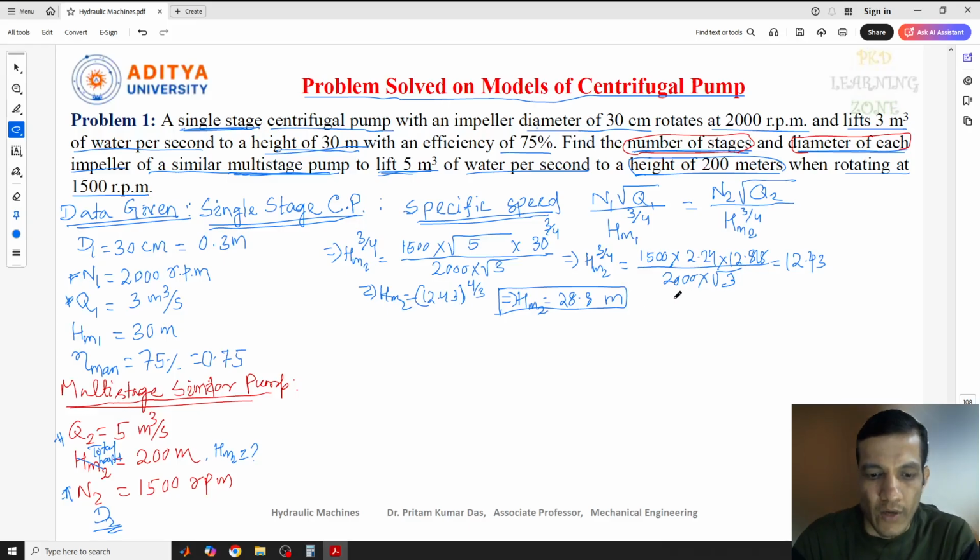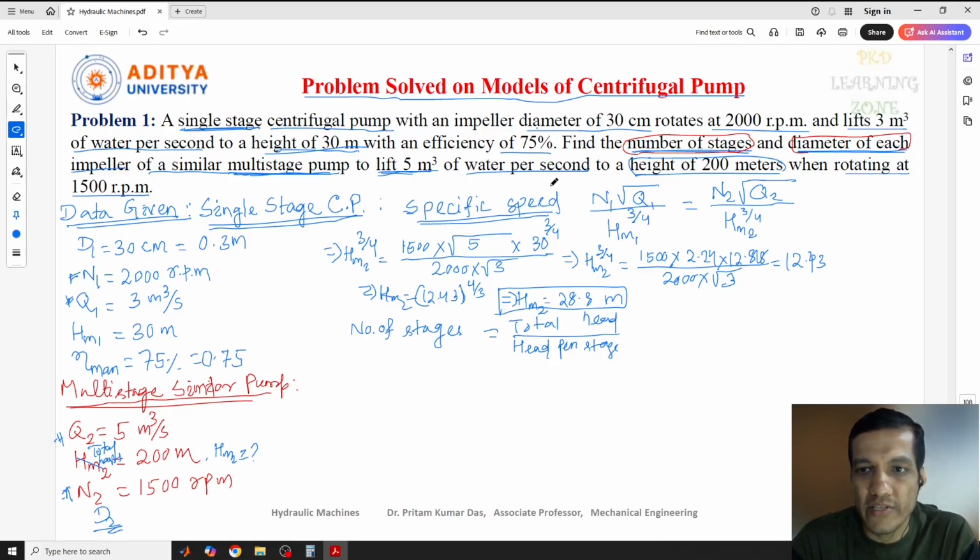Okay, now what is our requirement? Find out the number of stages. So the number of stages required is equal to the total head, or total height, with respect to the head per stage. The head per stage is for this stage, for the multi-stage pump.